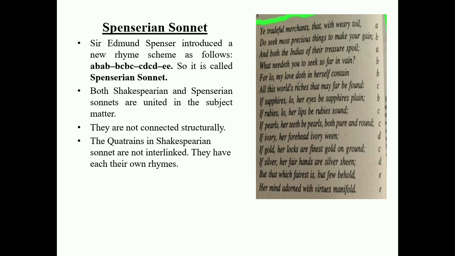The quatrains in the Shakespearean sonnet are not interlinked. They each have their own rhymes. So you can see 3 quatrains and 1 couplet. No quatrain is interlinked. They are not connecting. They are independently staying.